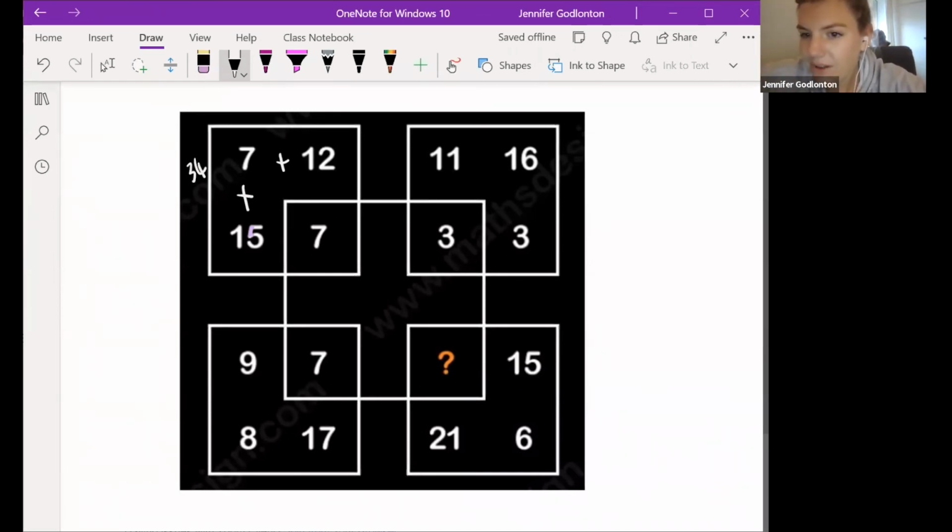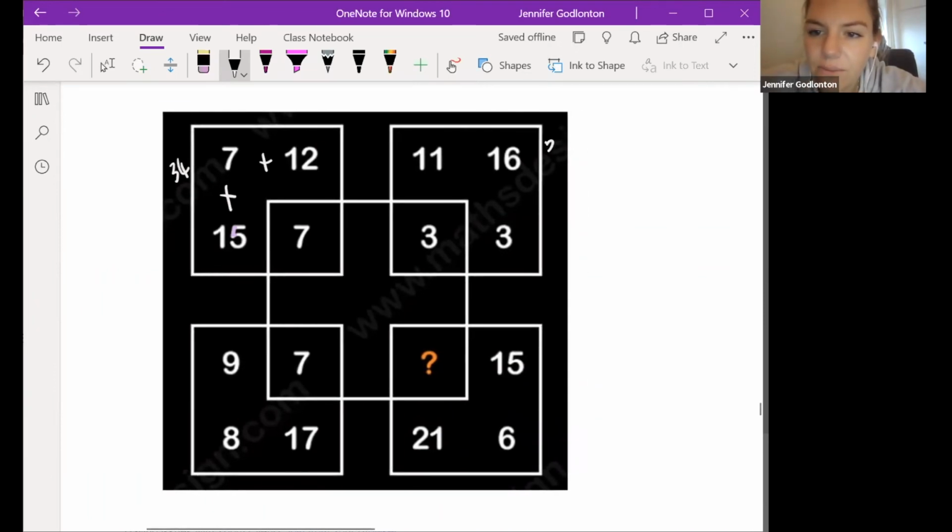If I have 11 plus 16 plus 3, I get an answer of 30. If I have 9 plus 8 plus 17, I get an answer of 34. And if I have 15 plus 6 plus 21, I get an answer of 42. Can you guys see where these numbers are coming from yet with what I've done?